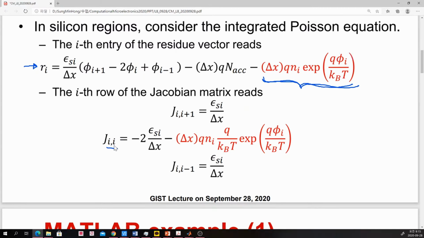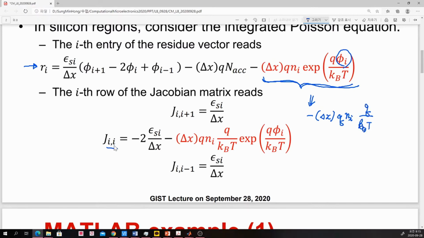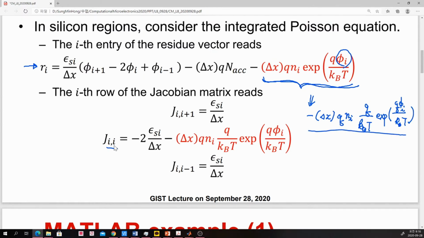When we take the partial derivative with respect to phi_i, it simply gives minus delta x q n_i q over k_B T exponential q phi_i over k_B T. I just took the partial derivative with respect to phi_i, so I just have the same function, and the only difference is this coefficient in front of the exponential function.